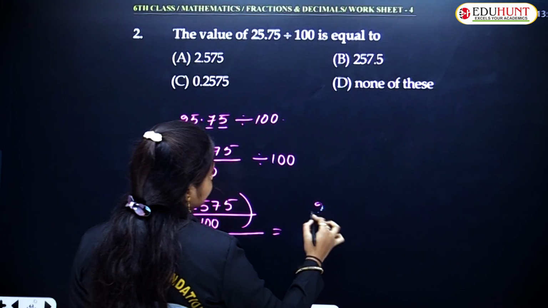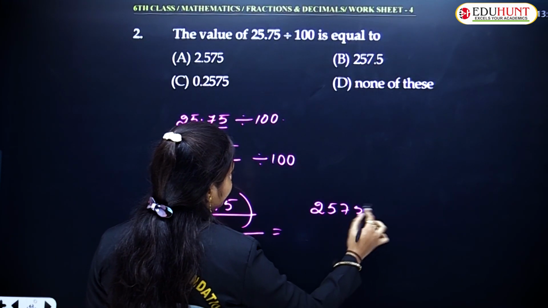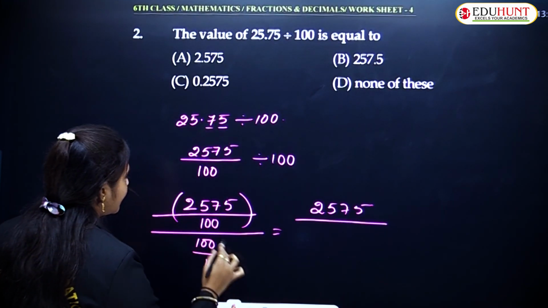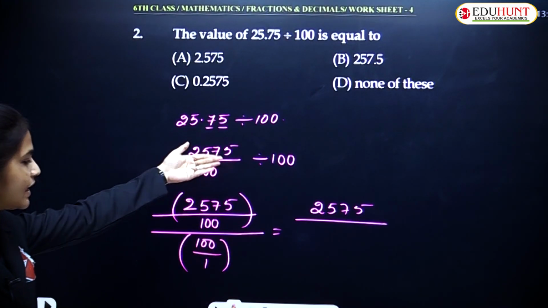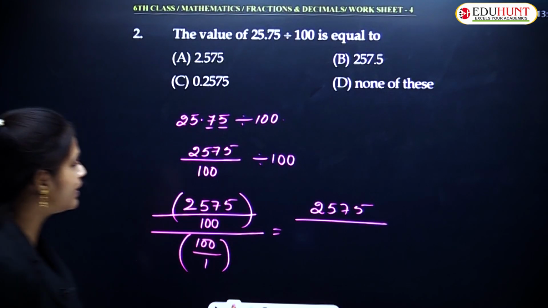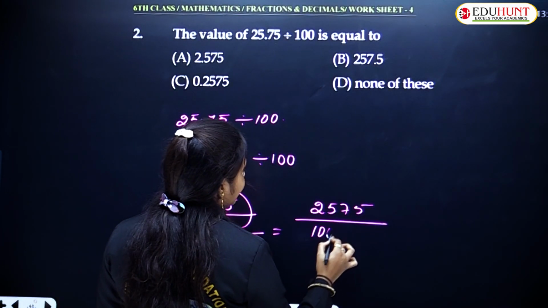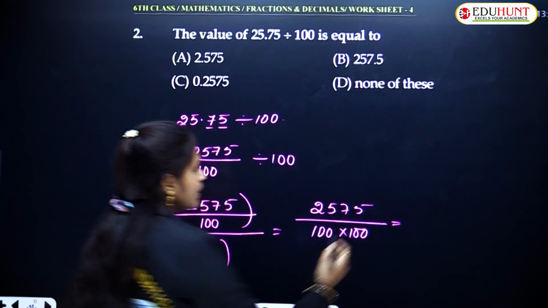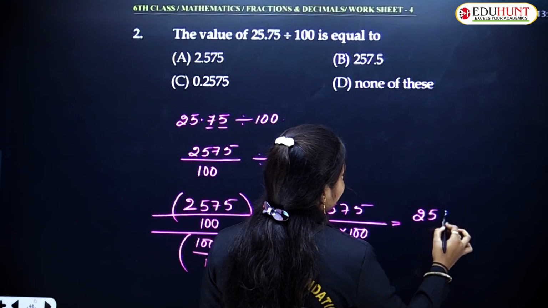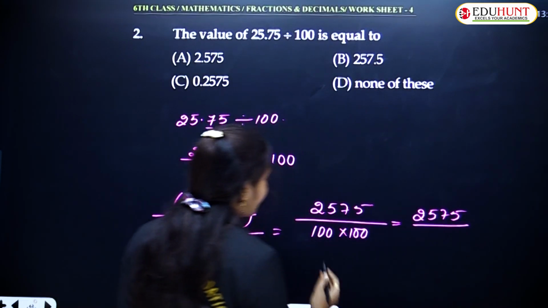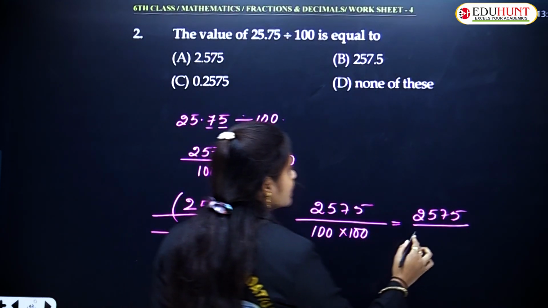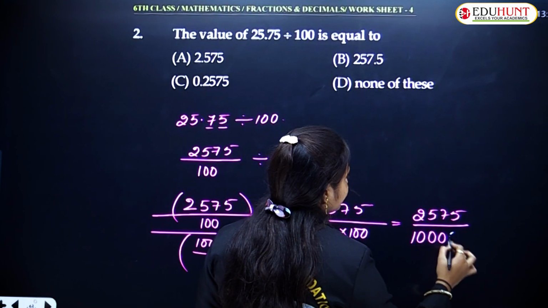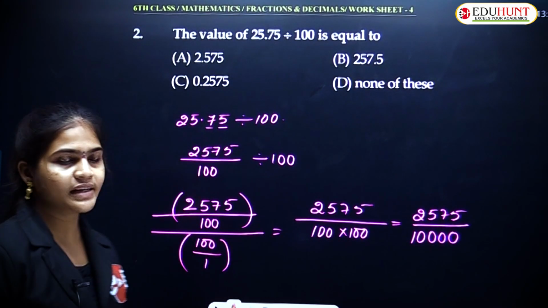We can write this as 2575 by 100, and write 100 as 100 by 1. So we write the reciprocal, 1 by 100. So that's why 100 into 100. Finally, 2575 by 100 into 100, which equals 10,000. 4 zeros you will get here.